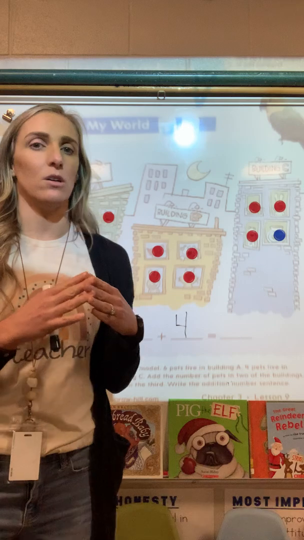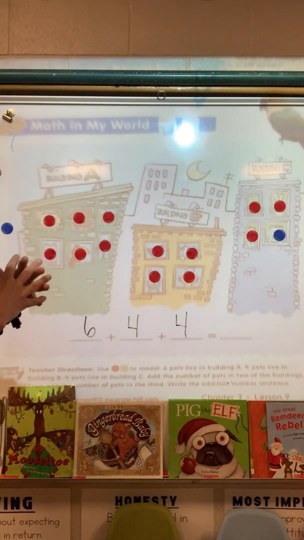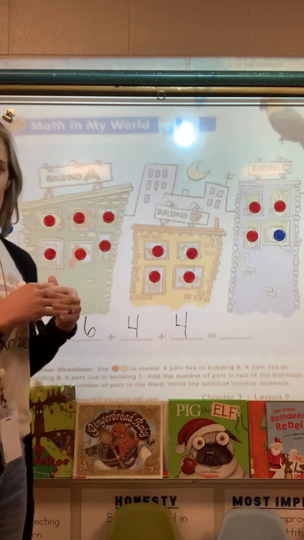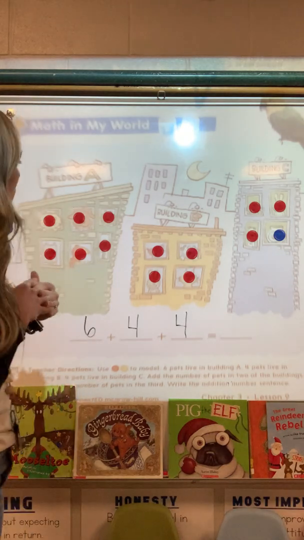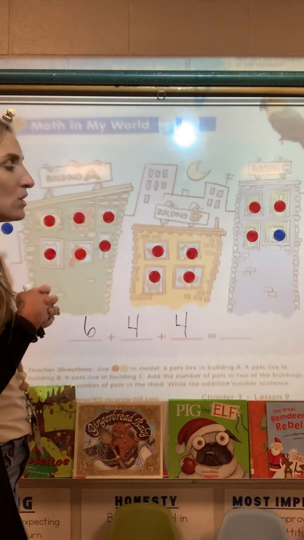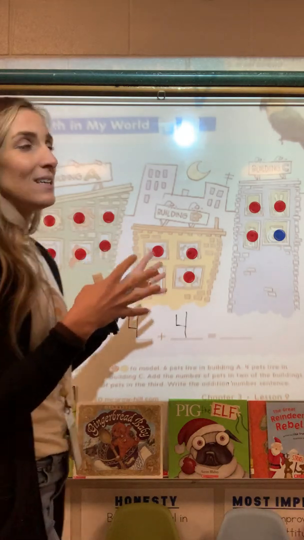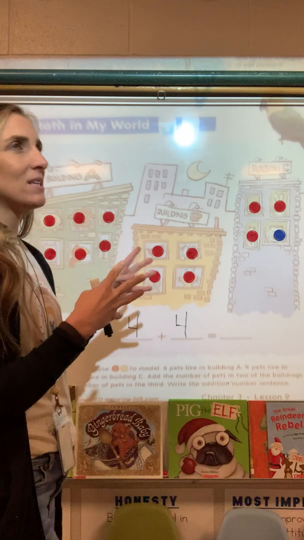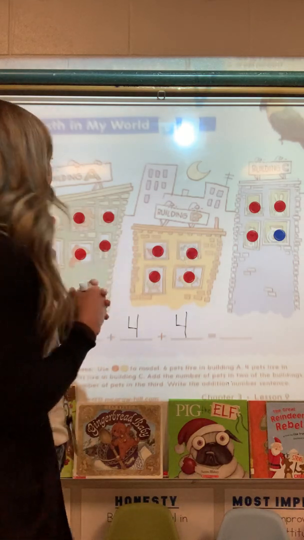So let's look. Are there 2 numbers that we can add together that make 10? Okay. What about 4 and 4? Does that make 10? No, that's a doubles fact, so it's easy to add up, but does not make 10. 4 and 4 makes 8.